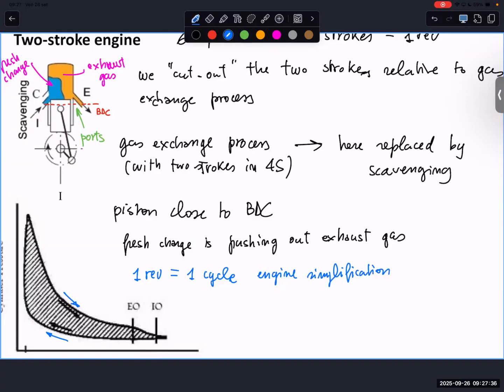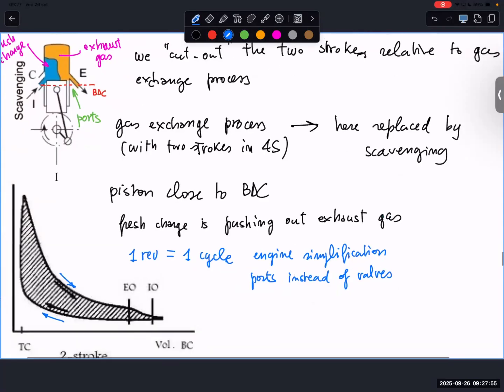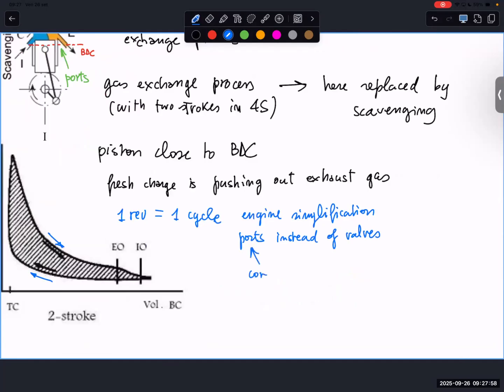So we have ports instead of valves. Ports are simply some cuts, some grooves that you have in the lateral part of the cylinder, and these are covered or uncovered by the motion of the piston. Okay, so we have this simplification.